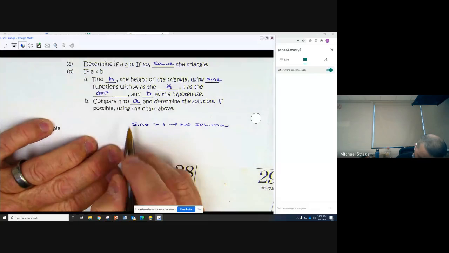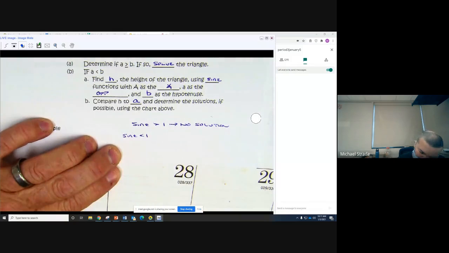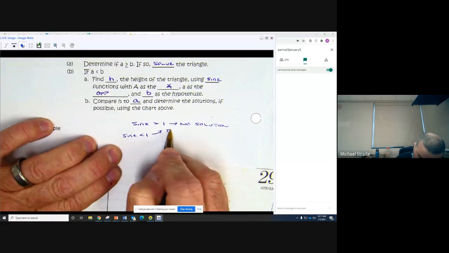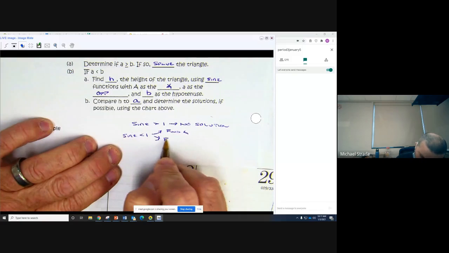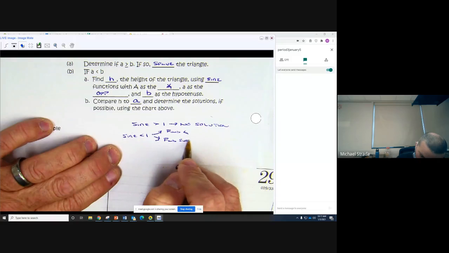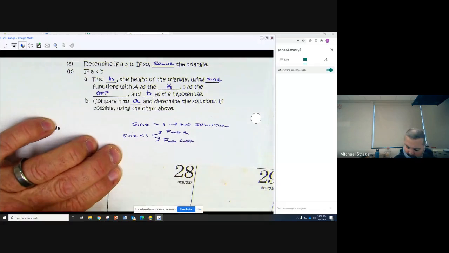All right? If sine is less than 1, you find the angle and you find its supplement. The supplement you find by subtracting from 180.